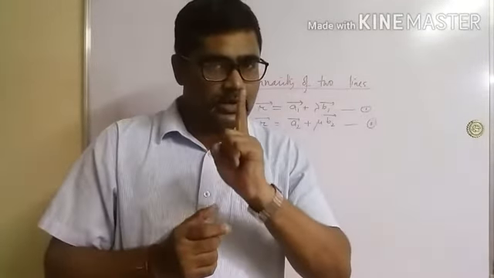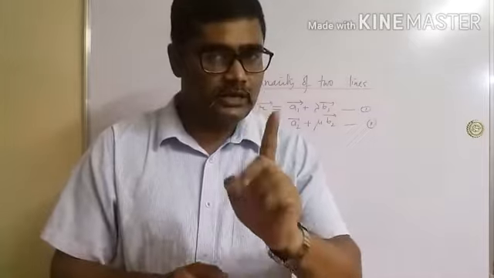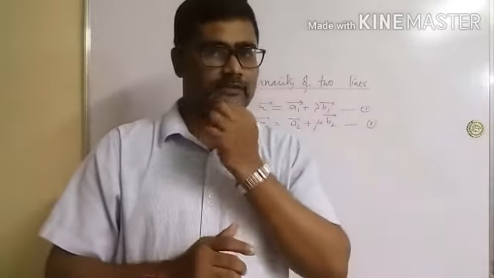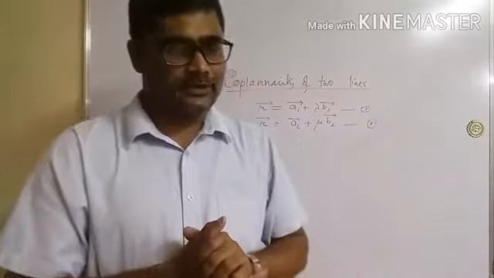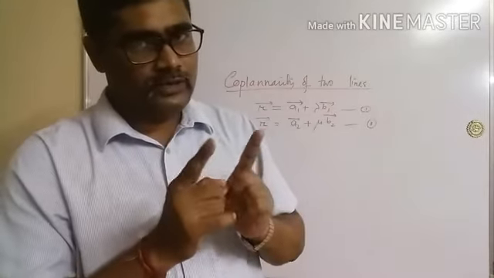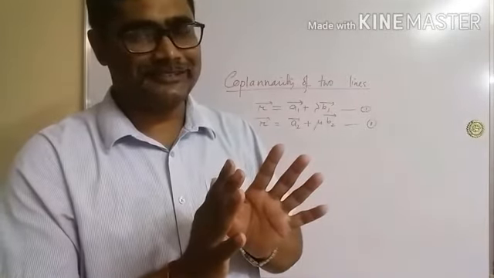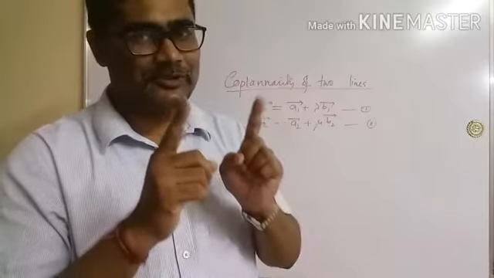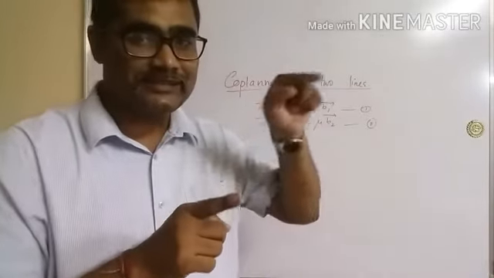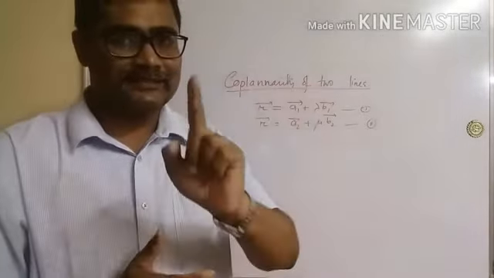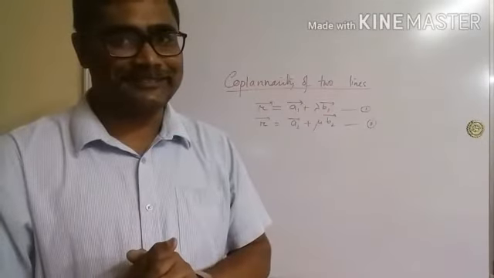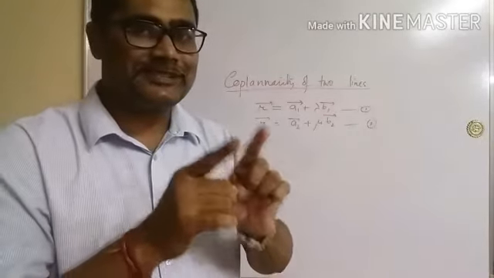Now, coplanarity of vectors and coplanarity of lines, there is a vast difference. We always get confused. If I am talking about two vectors, they are always coplanar. But if I am talking about two directed lines in space, they are not always coplanar. What is the condition to be satisfied?